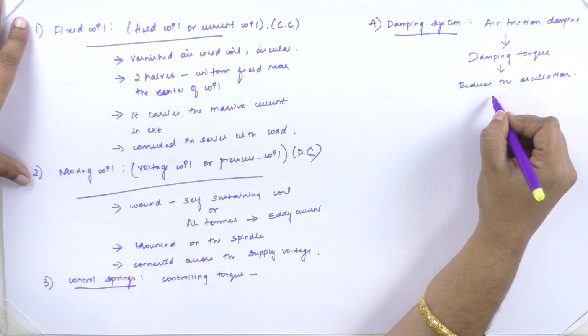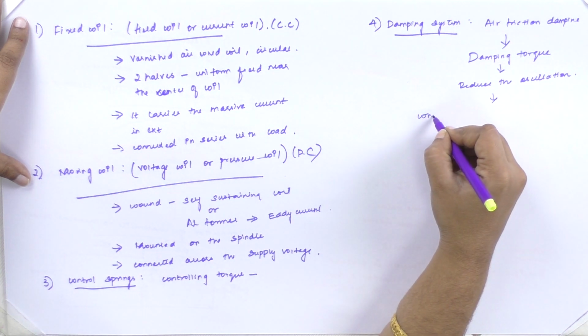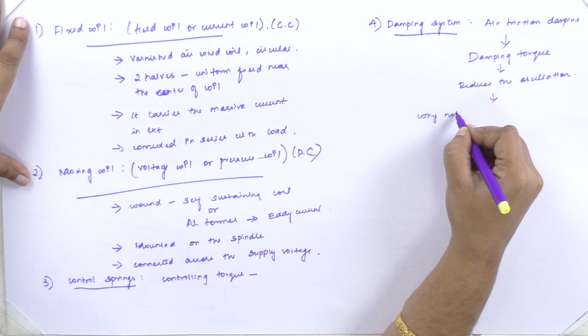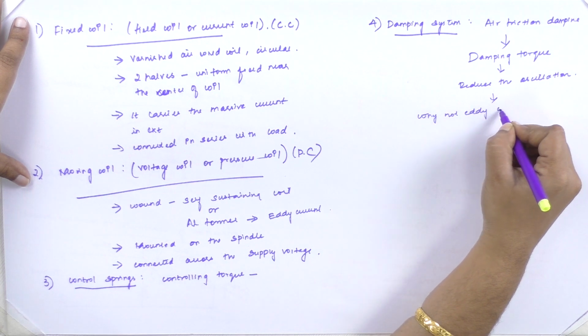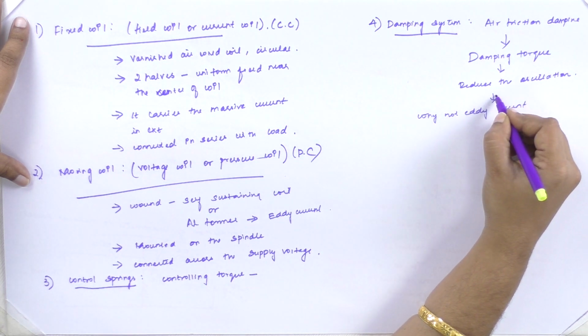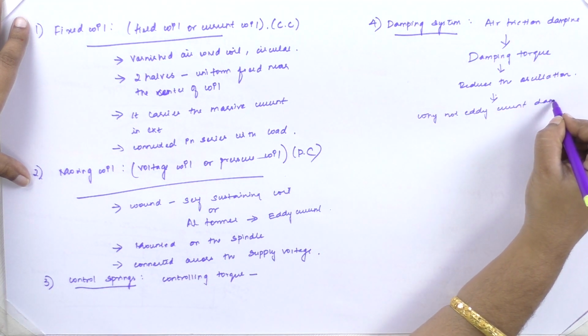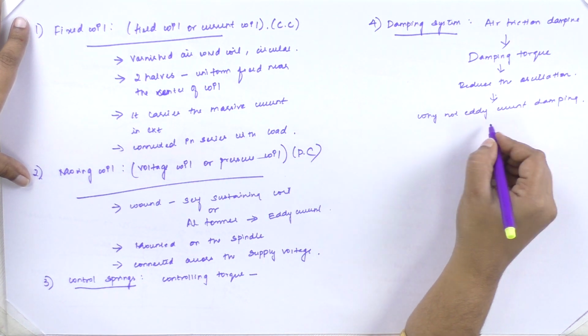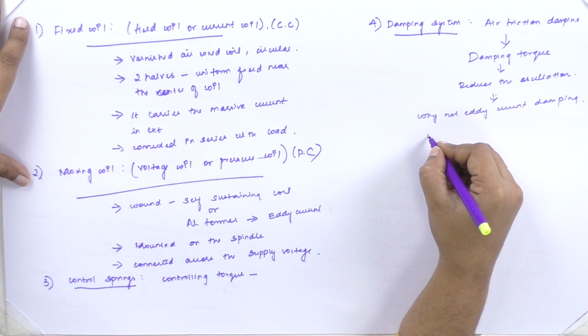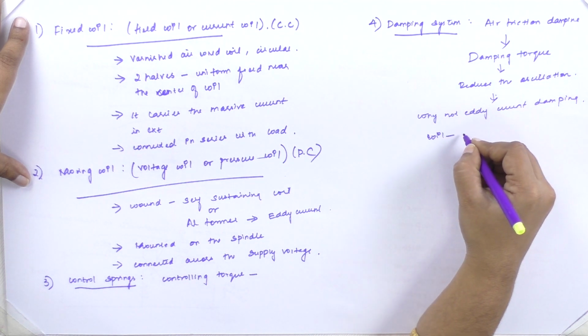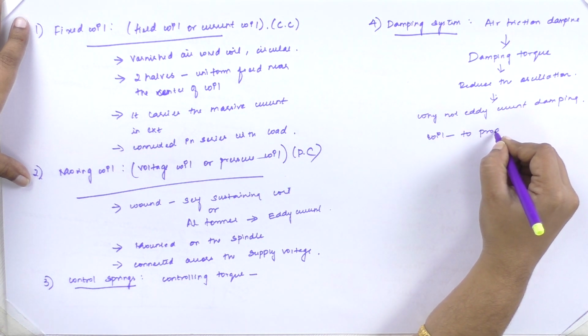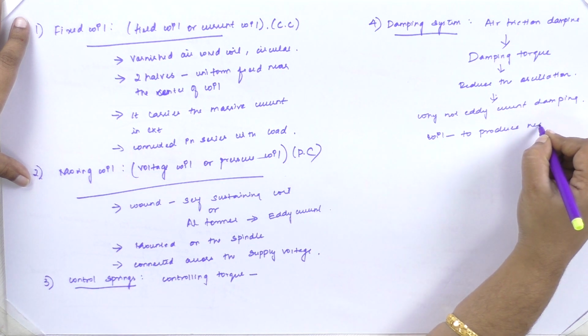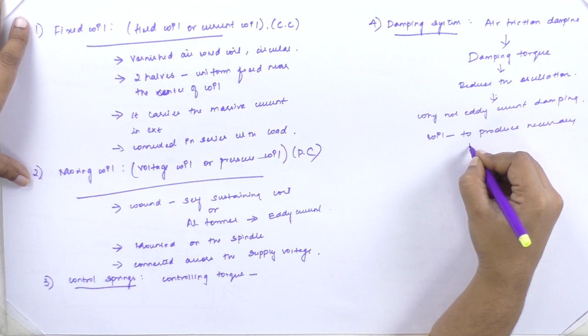Okay. Why is eddy current damping not used in case of wattmeter? Here we have used a coil to produce the necessary magnetic field.